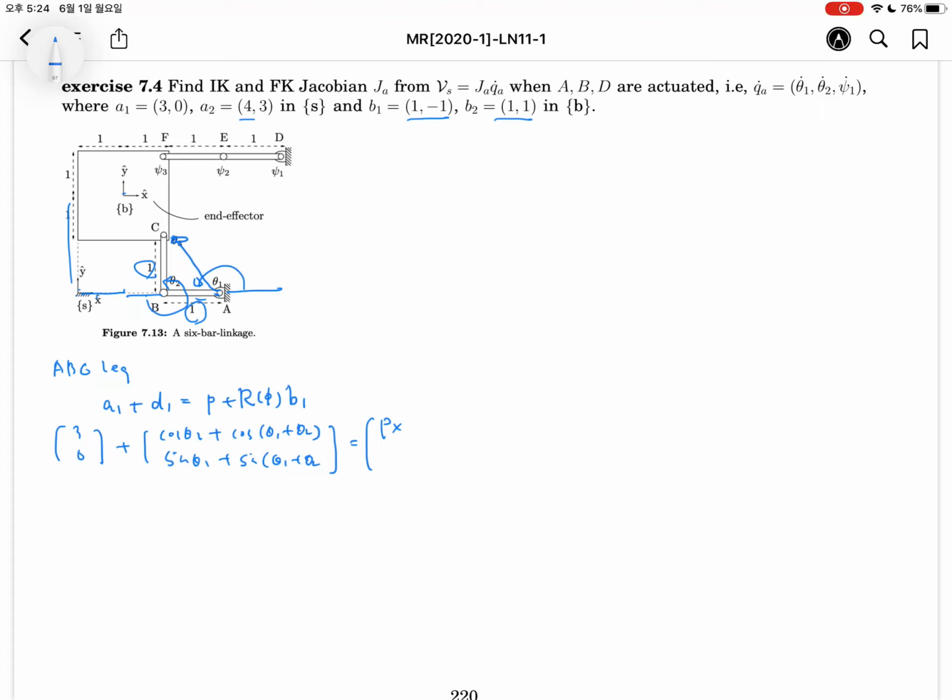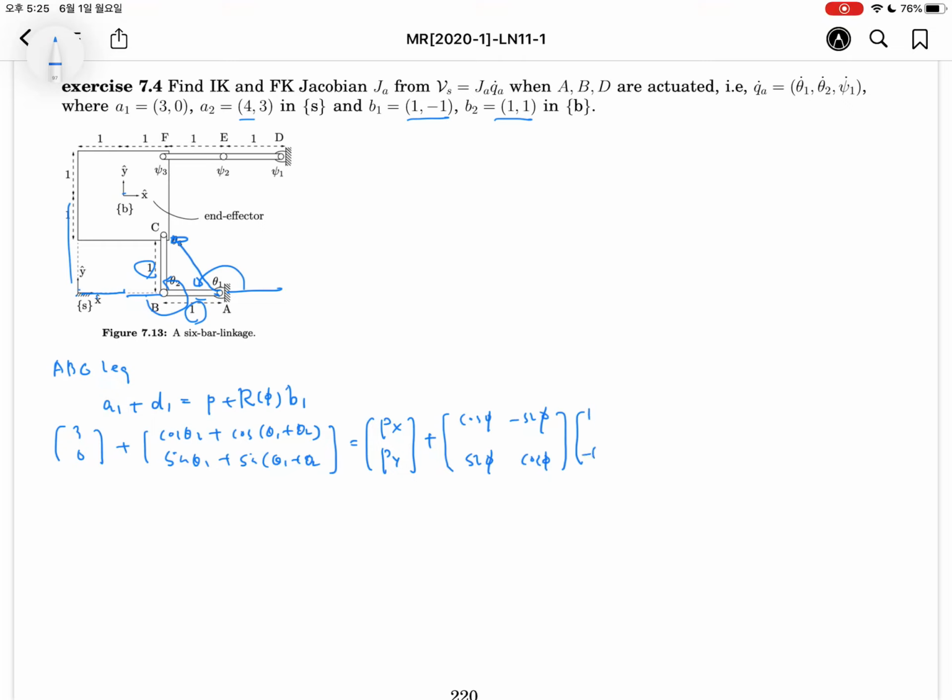But for generality, we will denote it with alphabetic variables instead of numerical values, Px and Py. And the rotation matrix will be cosine pi, minus sine pi, sine pi, cosine pi.